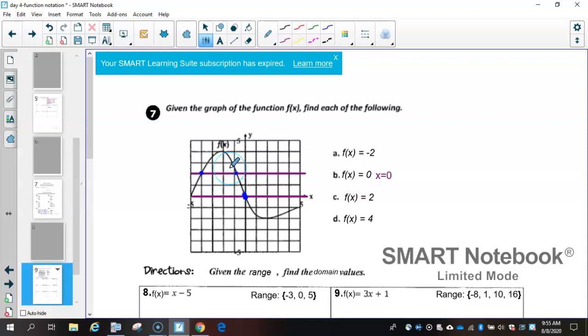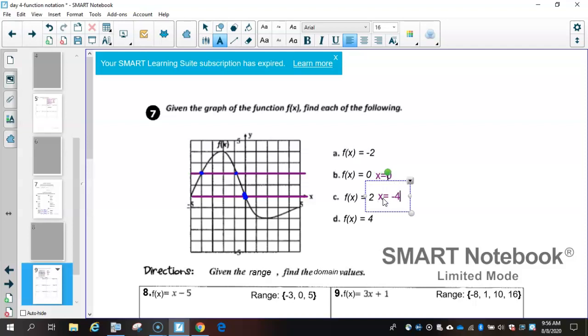So we don't know exactly what that decimal is, so make it something very close to -1: -0.9, -0.8, -0.75, something very close. So we can say x equals -4 and whatever negative decimal you choose.